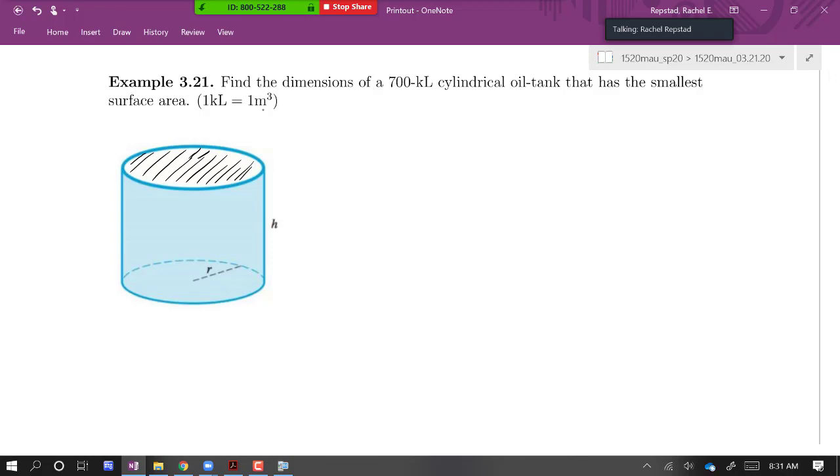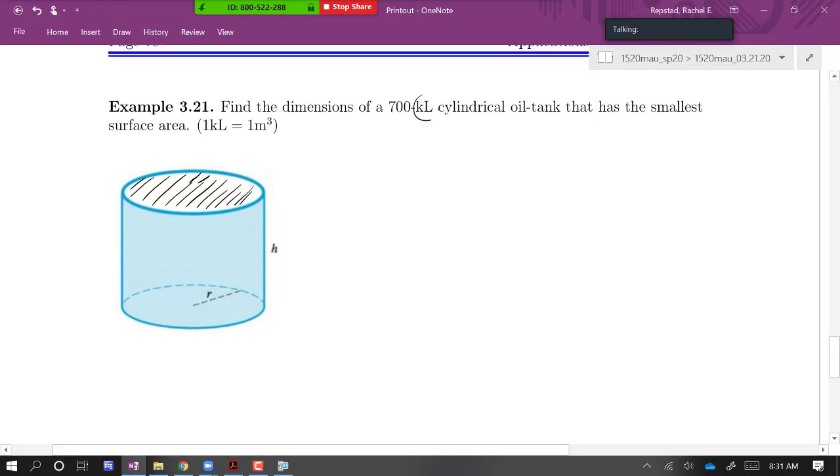The other thing that we want to keep in mind is that a kiloliter is 1 cubic meter. So we know that the volume of this oil tank is fixed. The volume of the cylinder is fixed at 700 cubic meters. And we want to minimize the surface area.